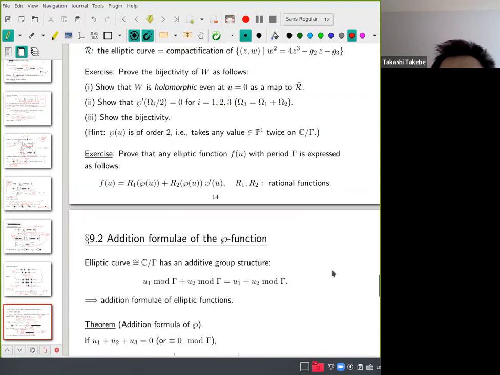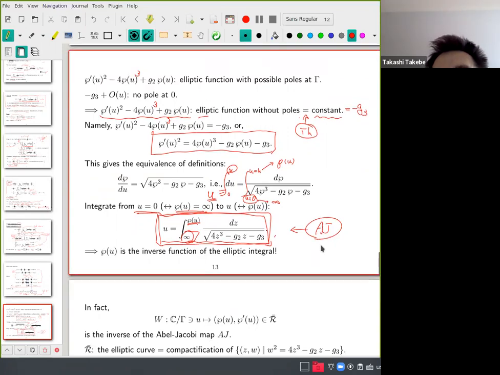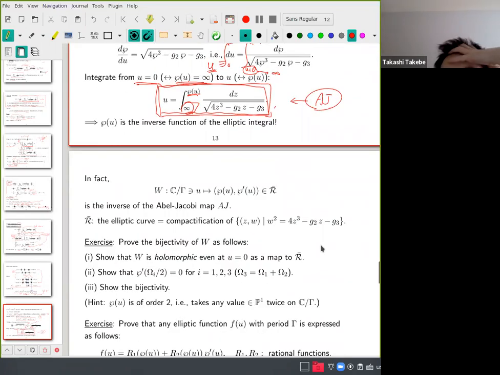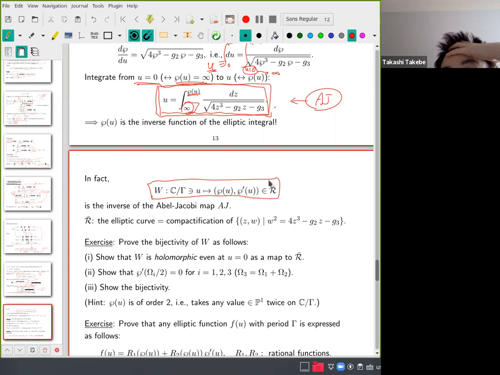Actually, we can prove that such a map from u to P(u) and P prime(u) defines the inverse map of the Abelian map. The Abelian map is like this.